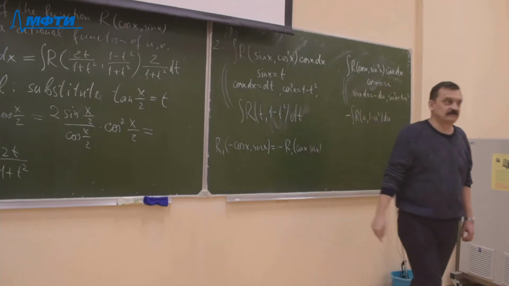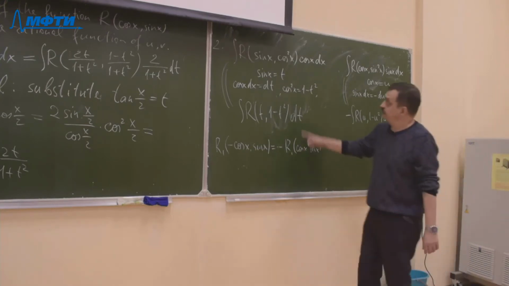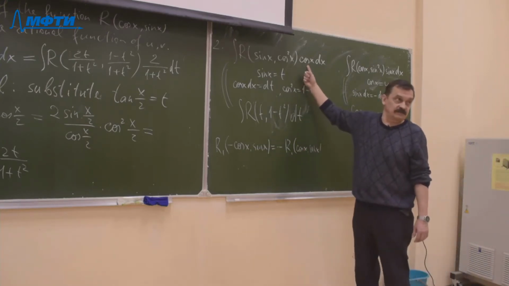Roughly speaking, the function should be odd with respect to cosine, like here it is written explicitly.